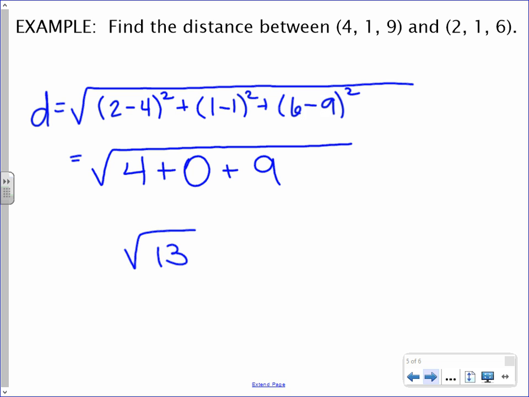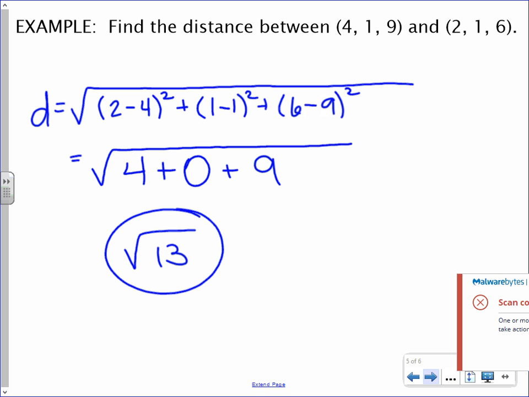So our distance is the square root of 13, and I'll ask that you just leave it like that.